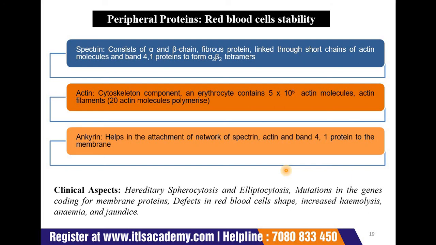They become very fragile and have a shorter lifespan than normal erythrocytes. Sometimes the band 4.1 protein is absent. A mutation happens in the genes which code for the membrane protein. So it results in increased hemolysis and anemia, and it can also lead to jaundice.